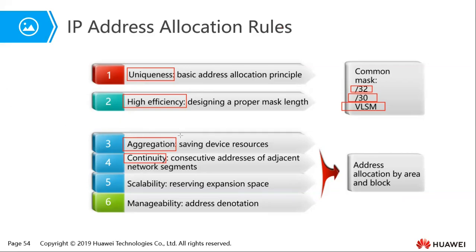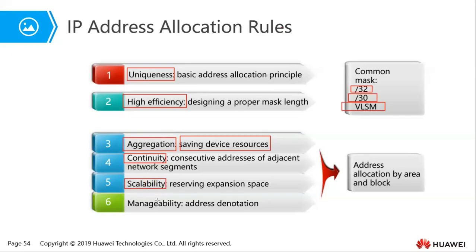When they are aggregated, they save device resources such as memory, so that your routing table is not going to be so long. I'm sure we still remember what aggregation is. So you need to ensure continuity. If you ensure continuity, then aggregation is going to fall in place automatically.